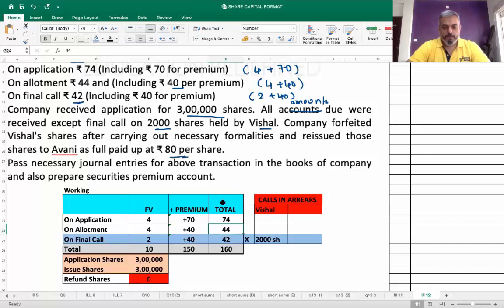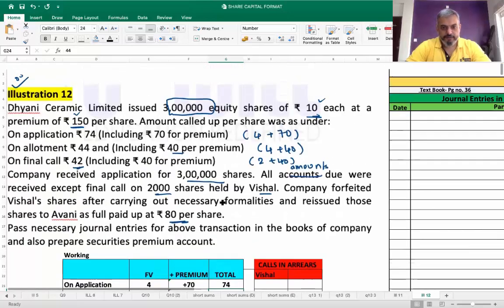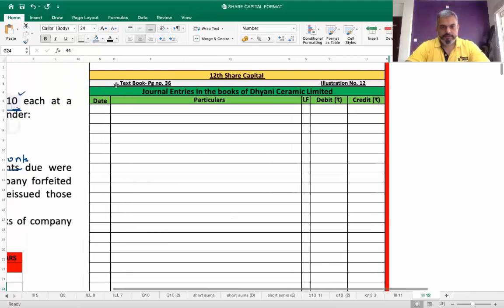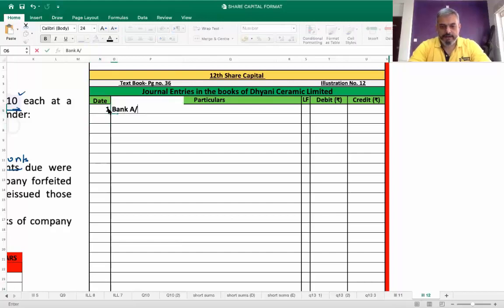Okay. Now let's start with the sum. So please write the heading and all. And let's start. First entry, bank account debit. How many shares? 3 lakh shares into, now we are going to receive 74 rupees total as application, into 74.